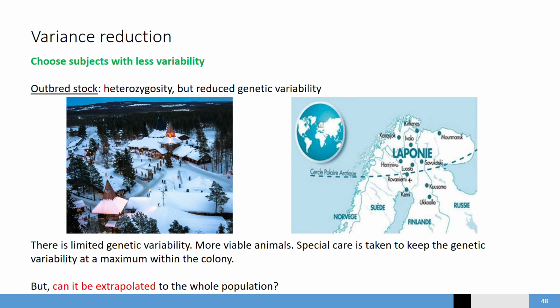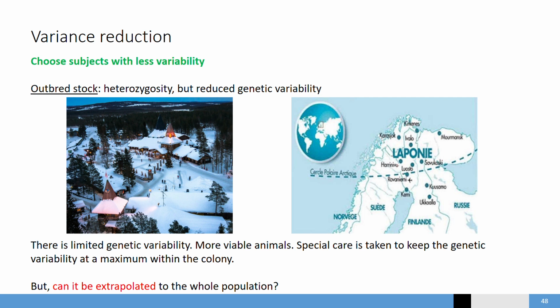Outbred stocks can be thought of as a community of animals that are not exactly the same, so they're not twins, but there is relatively little genetic variability. So, for instance, if you do an experiment in Laponia, because not many people migrate to Laponia, this community has been relatively closed for many years, and the genetic pool, the number of genes that are circulating in the population, is relatively low.